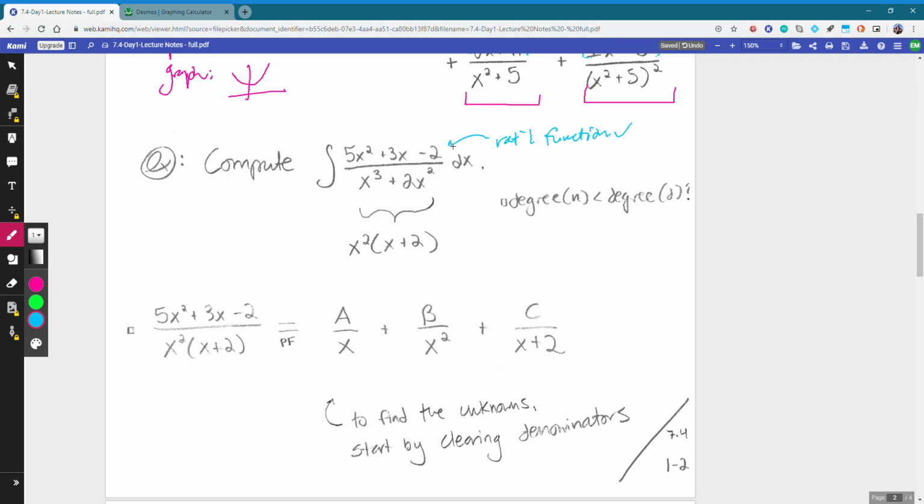And partial fractions isn't always necessary if we have a rational function, right? We could have something where maybe if the derivative of this denominator polynomial was floating around up top, this would just be a u sub, or something like that.